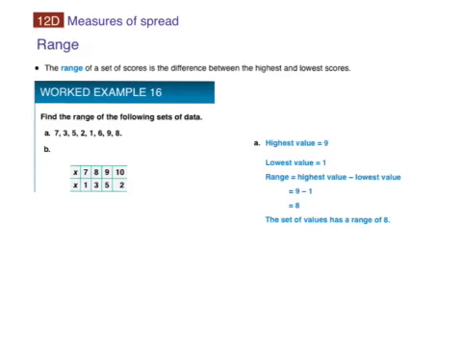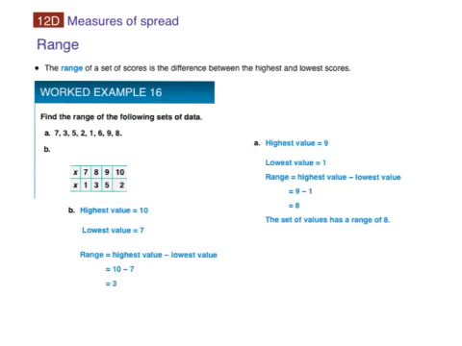Now, when we are looking at a frequency table, to find the range, we are looking at the highest and lowest. Looking at this frequency table, we know that the highest score is 10 and the lowest score is 7. So the range is highest minus lowest, which is 10 minus 7, and the answer is 3.